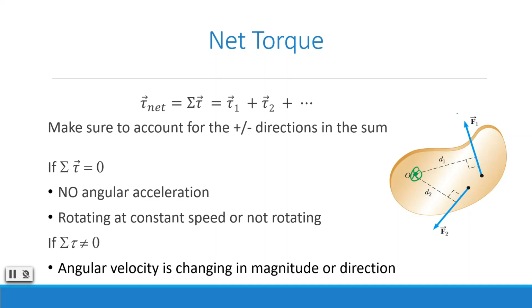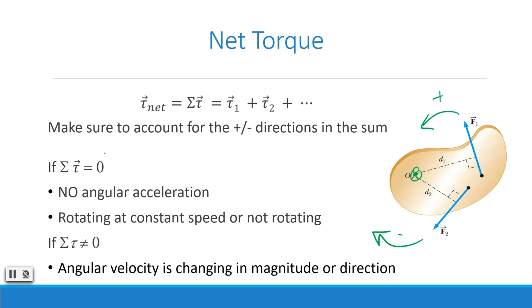Now you can see that this first force, F1, is trying to cause a rotation in the counterclockwise direction, whereas this F2 is trying to cause a torque in the clockwise direction. So those will be different signs. This one would be a positive torque. The F2 would cause a negative torque.